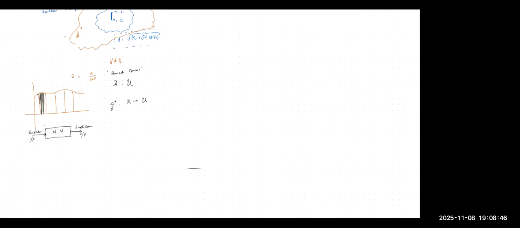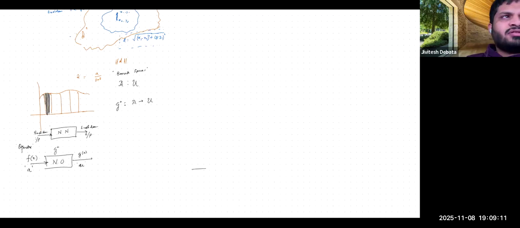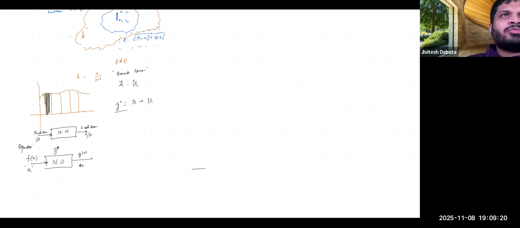But for neural operators, technically you have a function, in this case A, as input and another function as output, let's say U. This is also an operator, the operator G. G is the operator that you're calling the neural operator, which maps between capital A and U. So this is my problem. This is capital A, a set?